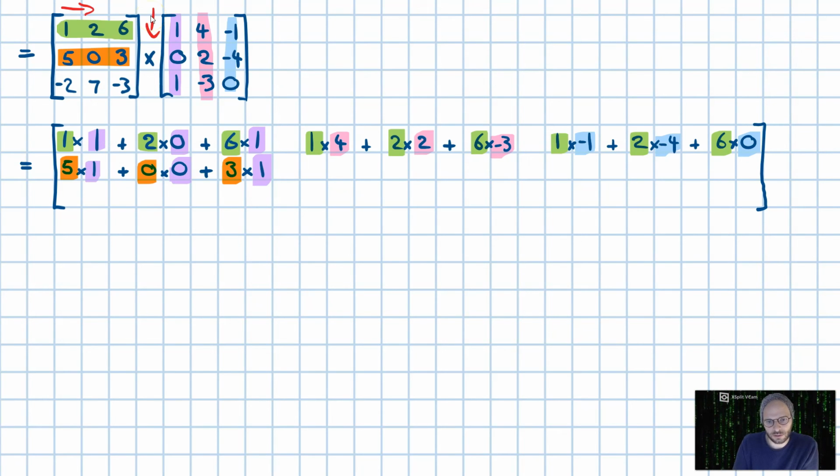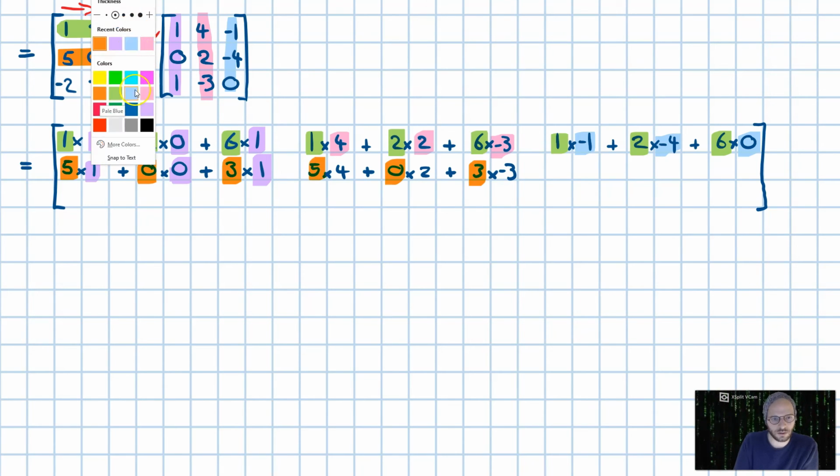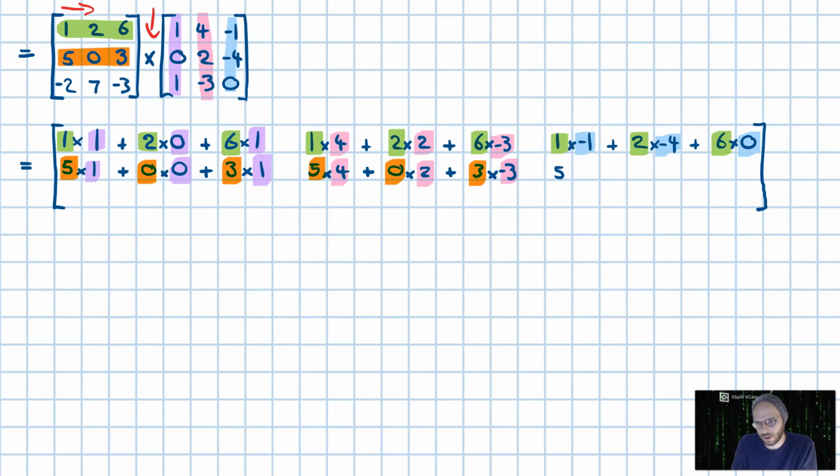Noting the pattern, all I need to do is go 5 by 4 plus 0 by 2 plus 3 by negative 3. Moving along, 5 by negative 1 plus 0 by negative 4 plus 3 by 0.